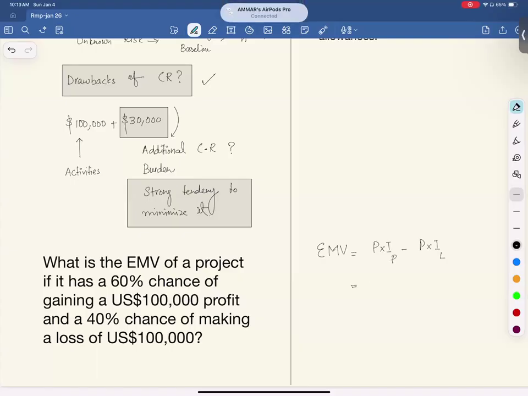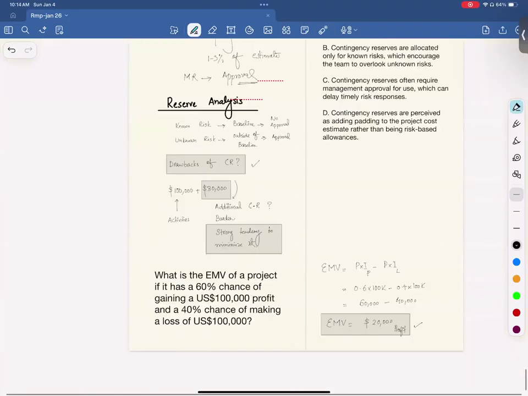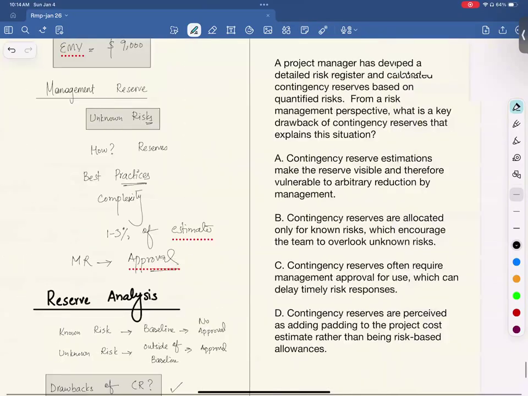So 0.6 times 100,000 minus 0.4 times 100,000. So your expected monetary value is 20,000 in positive, or profit. You can expect a question in the exam where you have to do this calculation, okay? Right, this was the question that I was talking about.